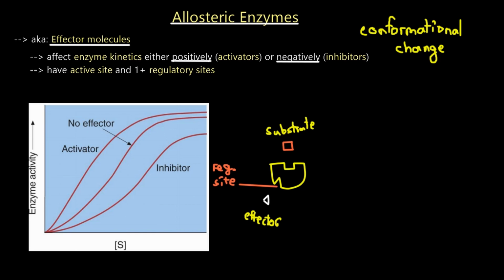Now, there's two things that could happen depending on whether it is an activator or an inhibitor. So here we have the first one that occurs, and that's it binds. So the effector molecule binds to the regulatory site, and what it does is it increases the affinity of the enzyme for the substrate, meaning that the substrate would bind to the enzyme more readily.